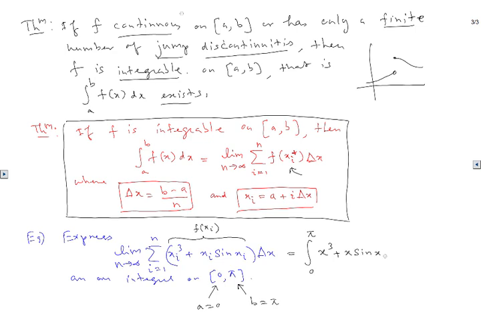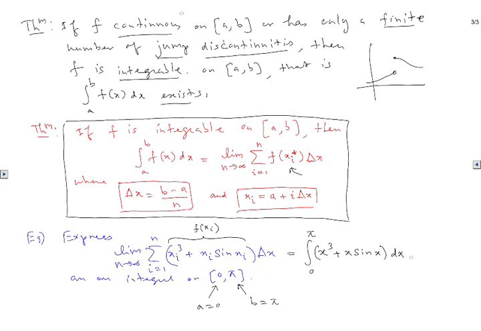Just replace xi by x, and delta x becomes dx. It's very simple. So this is the integral representation of the Riemann sum.